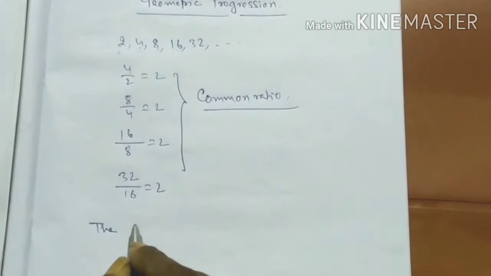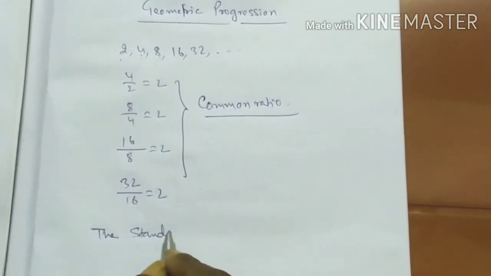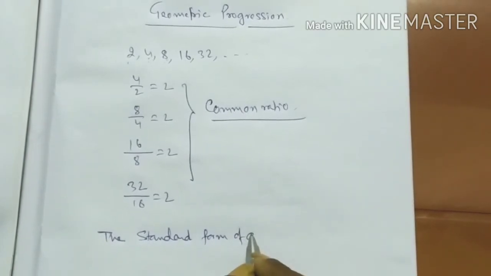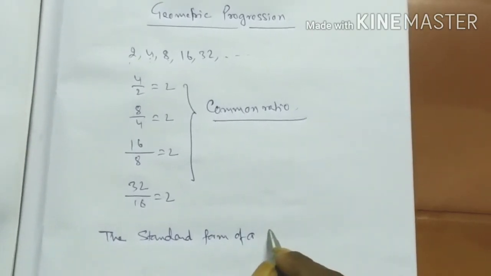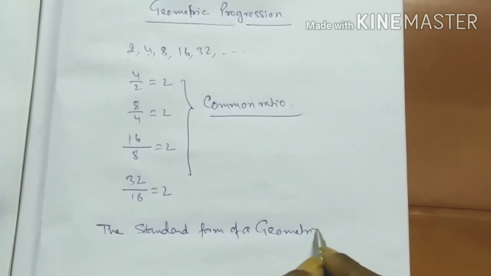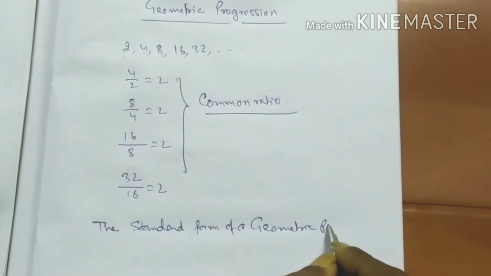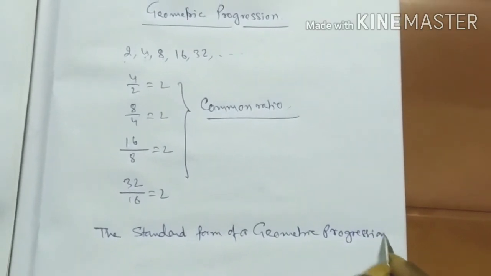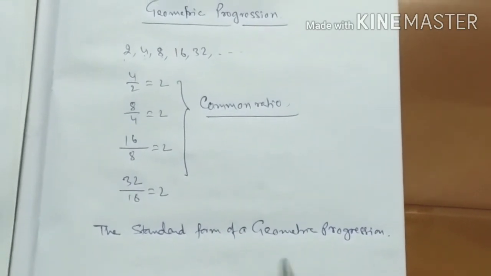The standard form of a geometric progression.